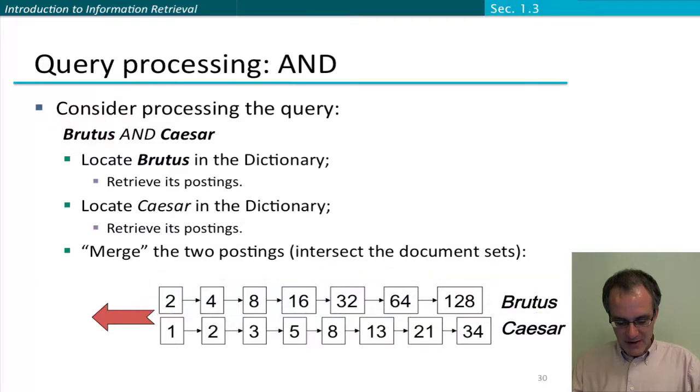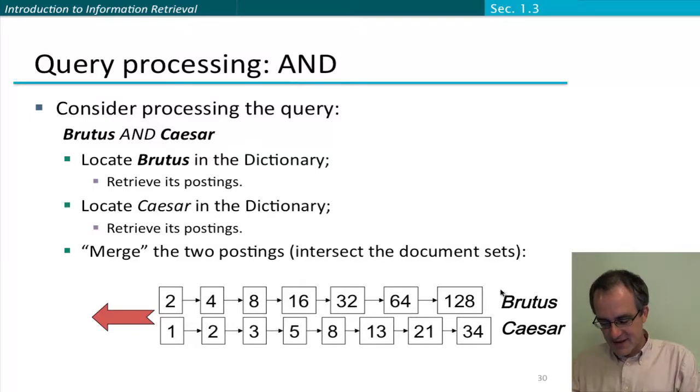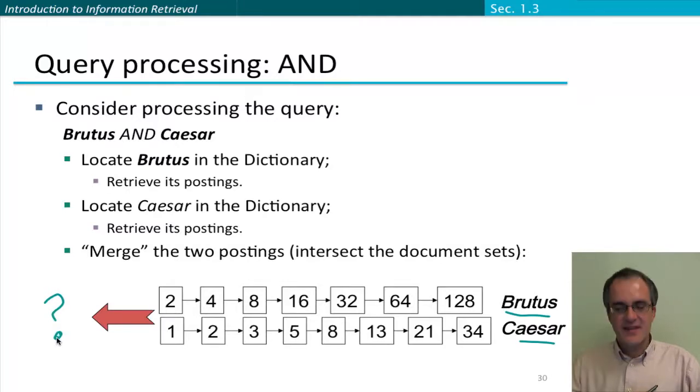But now let's go to that fraction more complicated case. For Brutus and Caesar, we're going to locate both the words in the dictionary, look up their postings lists, and what we'd like to do is then work out what are the documents that contain both Brutus and Caesar.